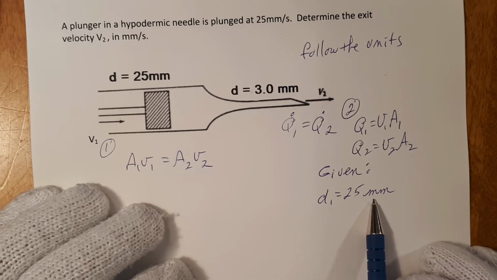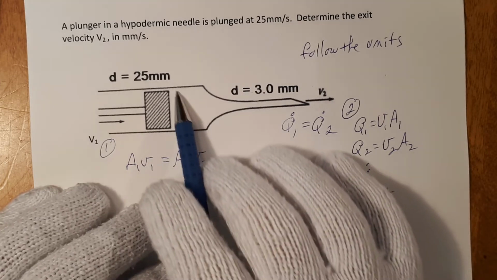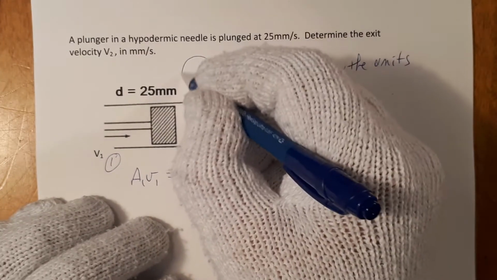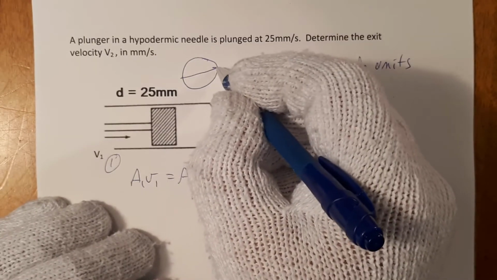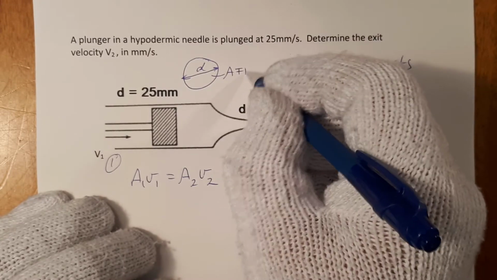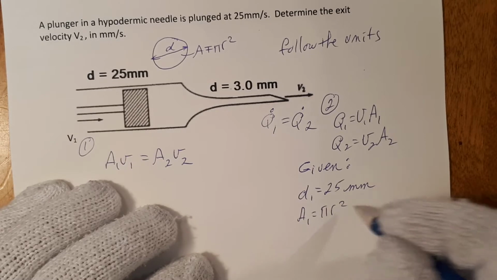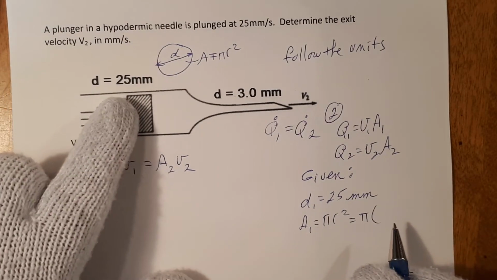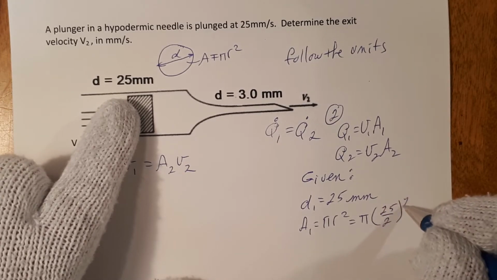So we have the diameter, but we need area A1, and this is circular in shape. Every time you see the word diameter, you know we're talking about a circle. If we were to look at it from that side, we see a circle, and that will be the diameter. And the area of a circle is pi r squared. Putting in the numbers, that would be pi times the diameter, 25, divided by 2, squared.